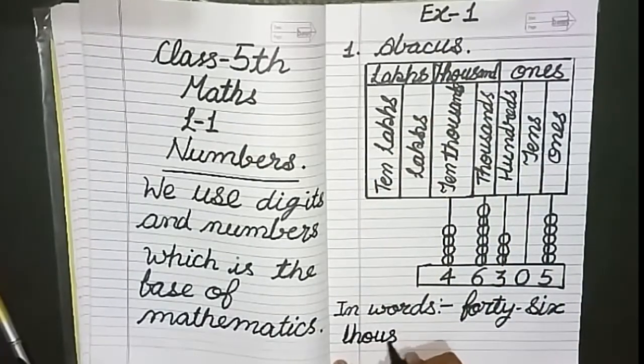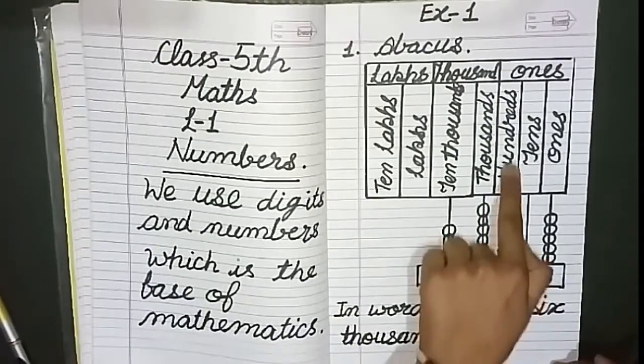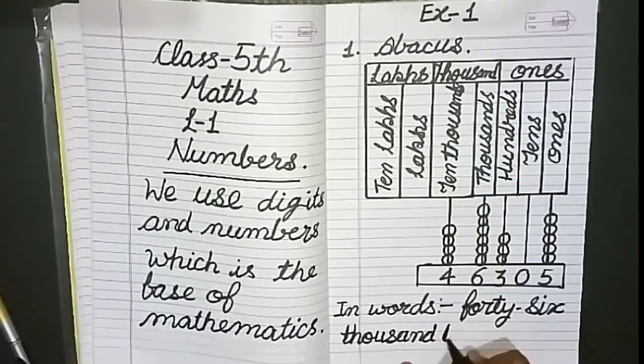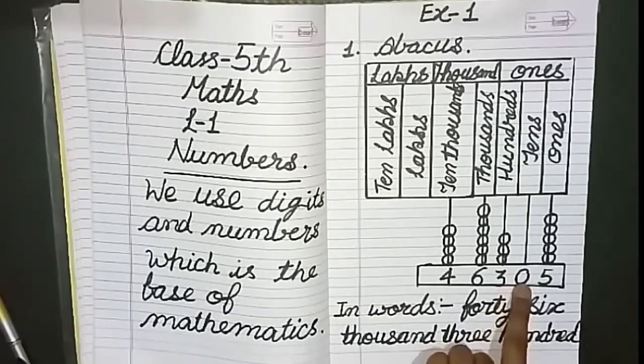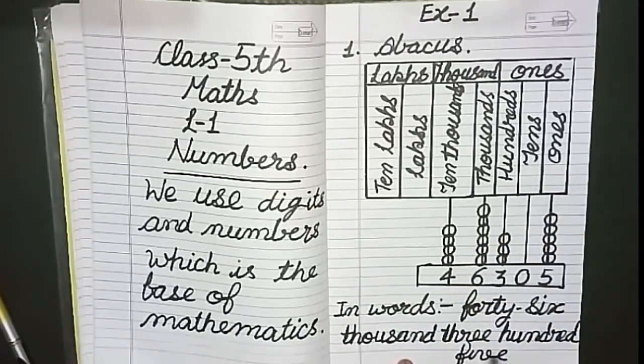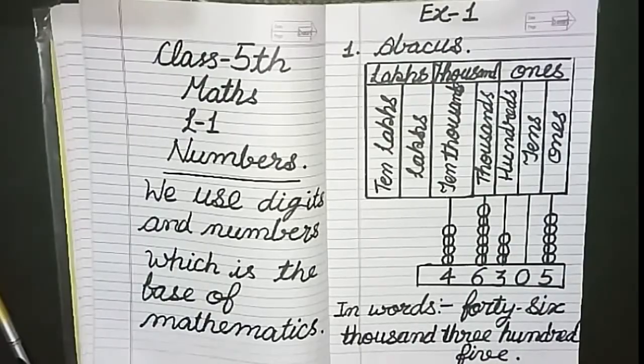The next digit is 3, which is at 100's place, so let's write 300. Then we have 0, so we will not write this. Next is 5, which is at 1's place, so let's write 5. So this is done.